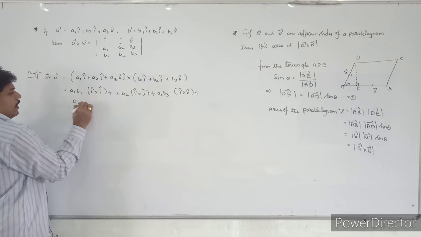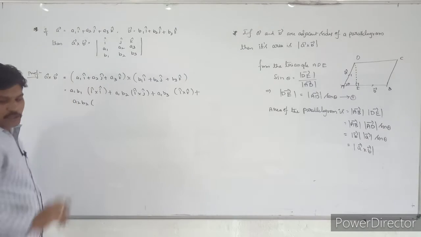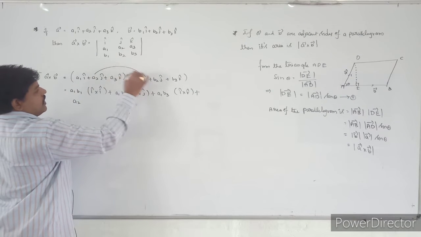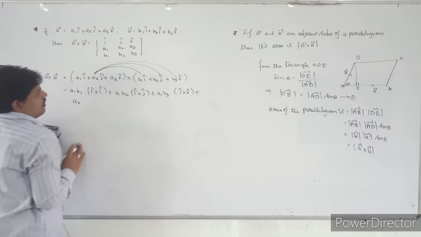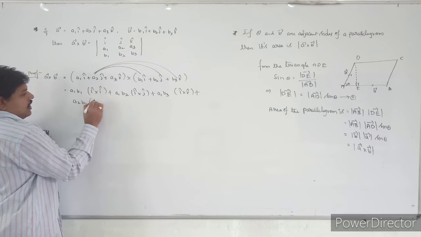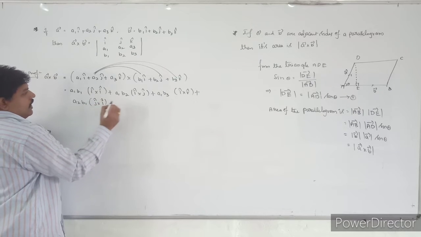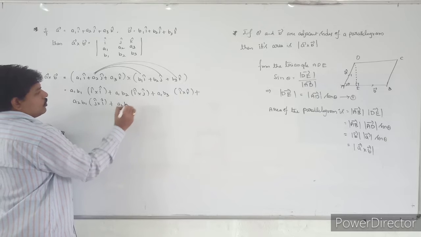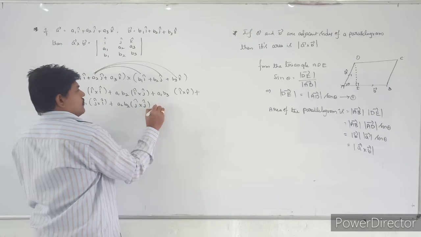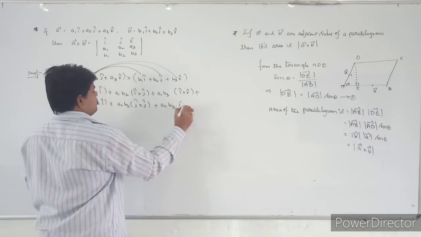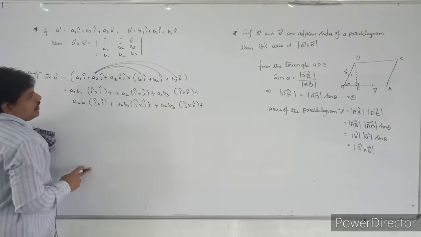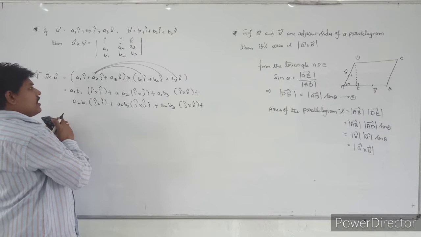Plus multiply with A2. A2 into first multiply this value, next this value, next this value. So A2 B1 j cross i plus A2 B2 j cross j plus A2 B3 j cross k, plus next multiply with A3.